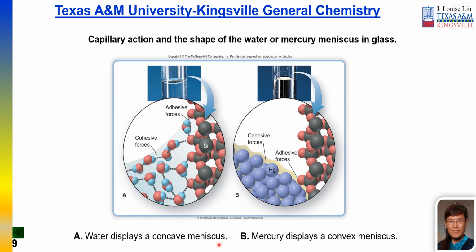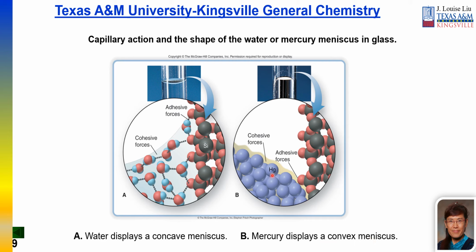On the other hand, if you have your mercury, liquid mercury placed into the very thin narrow tube, such as your thermometer, you are going to see mercury curved up. We are going to find a convex. Your meniscus will be convex shaped, meaning mercury displays a convex shape.